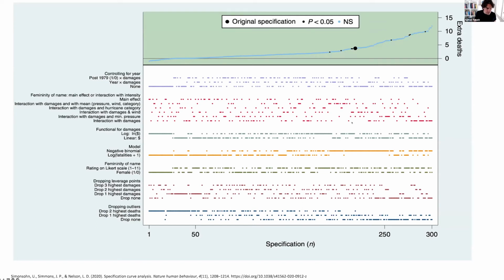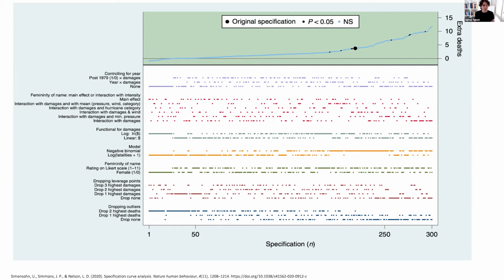This was published in a paper by Simonsohn et al. And this is what they did: they basically did a much more sophisticated version of what I just showed you, where in the green part, each dot in the top panel depicts the marginal effect, estimated at the sample means, of a hurricane having a female rather than a male name.